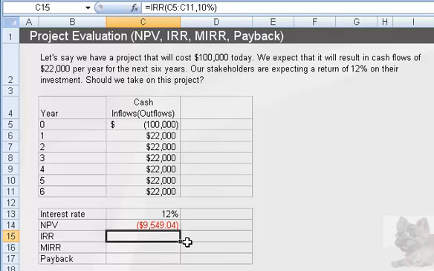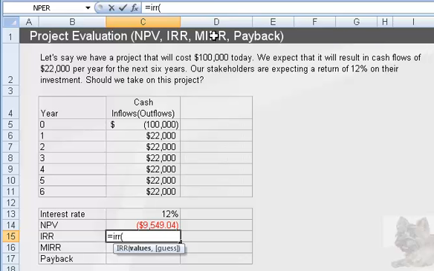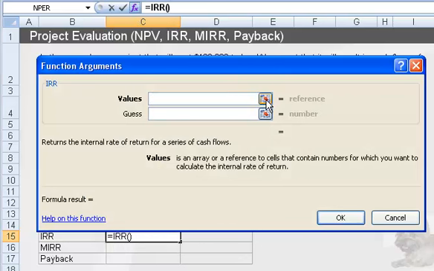Okay? Now, internal rate of return, I'm going to delete that, and I will solve that one too. Internal rate of return, it's an IRR function. If you type in equal IRR left parentheses and hit the function bar, you get the pop-up. Now with IRR, it just wants to know the constant time frame payments.